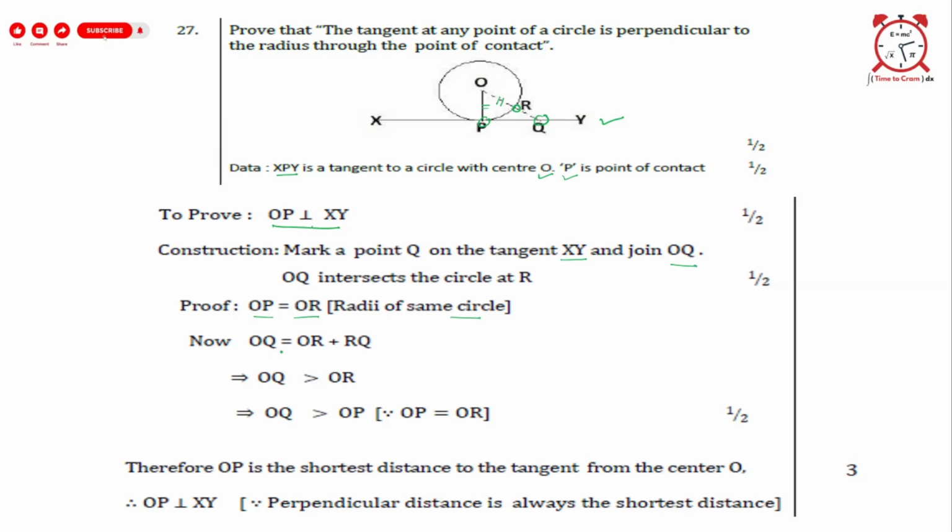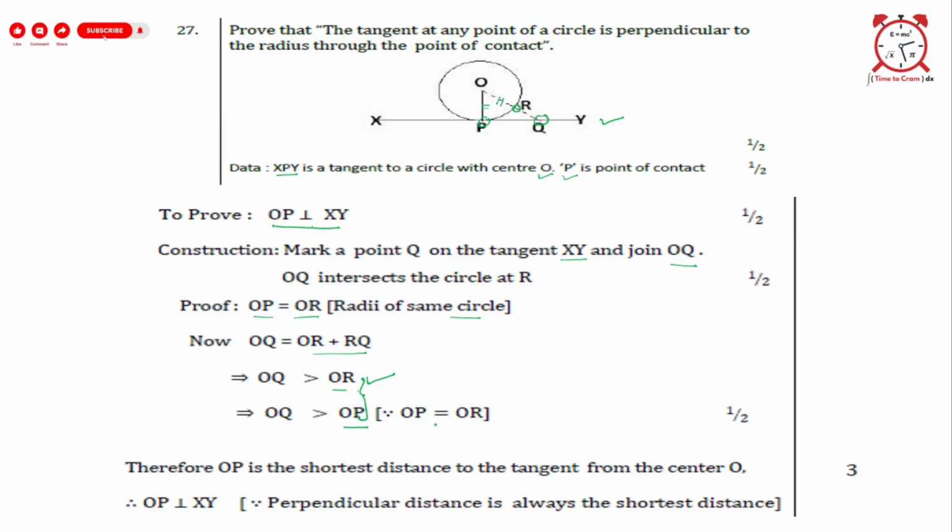So OQ is greater than OP because OQ equal to OR plus RQ. Look, OQ has two parts, OR plus RQ. So it is very clear that OQ is greater than OR. Similarly, OR and OP are equal. So we can also say that OQ is greater than OP, because OP and OR are equal.